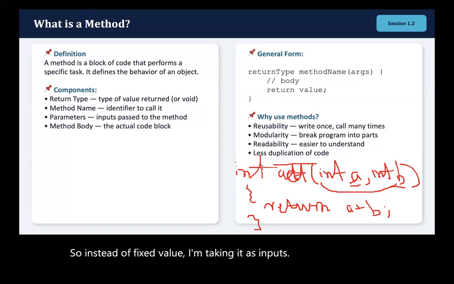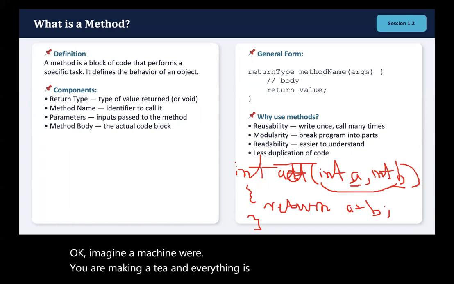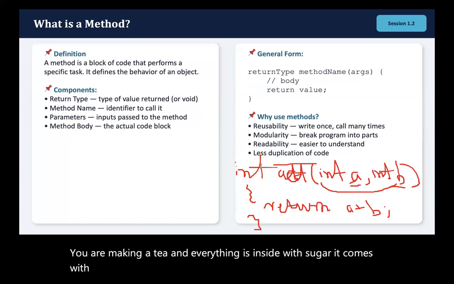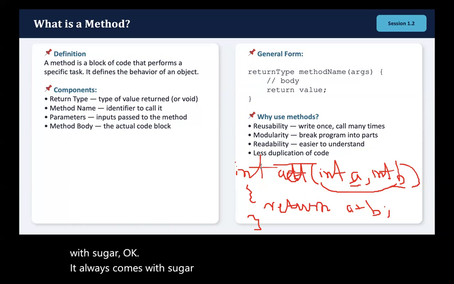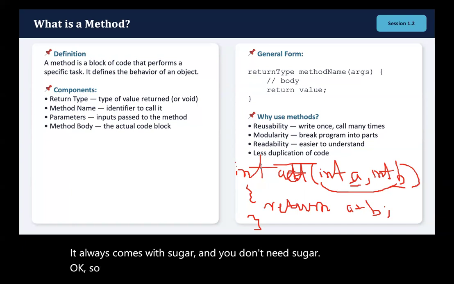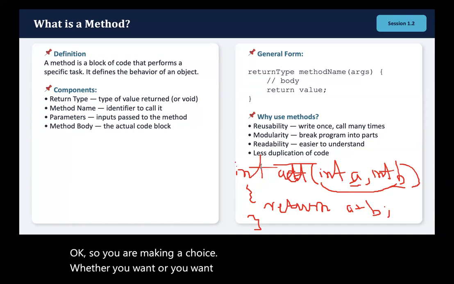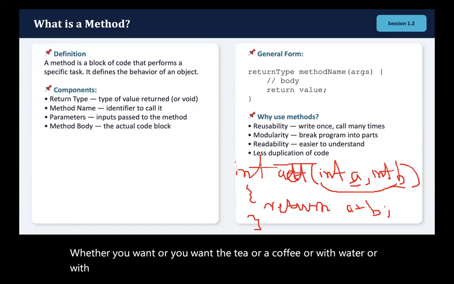Imagine a machine where you are making a tea and everything comes inside, with sugar. It always comes with sugar and you don't need sugar. You are making a choice whether you want a tea or a coffee, with water or with milk. So you are deciding it.